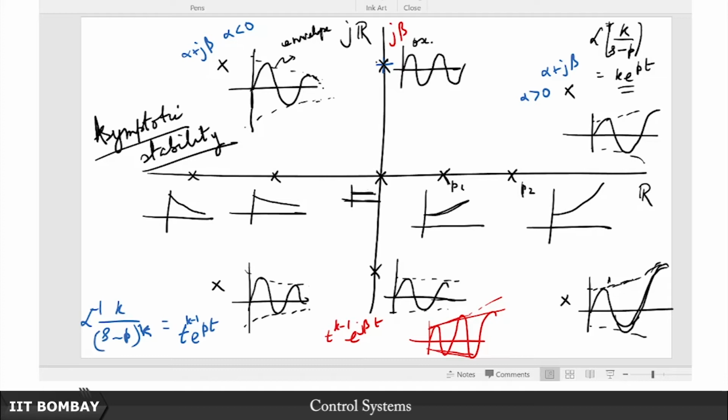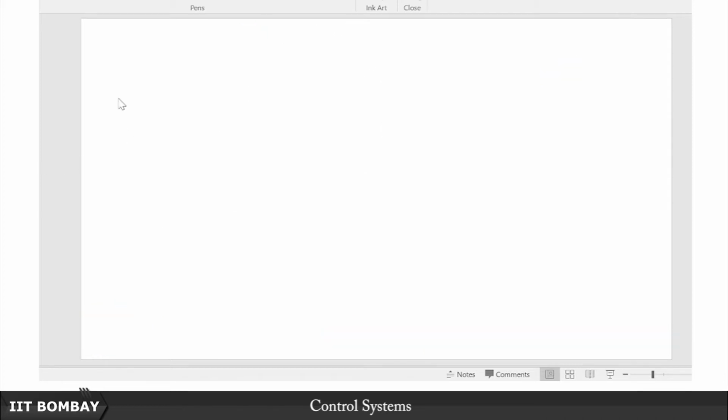On the other hand, if there are repetitions of those poles on the imaginary axis, then we run into trouble. The reason was that the inverse Laplace transforms of those rational functions typically lead to responses of the type t to the power k e to the power p_i t.